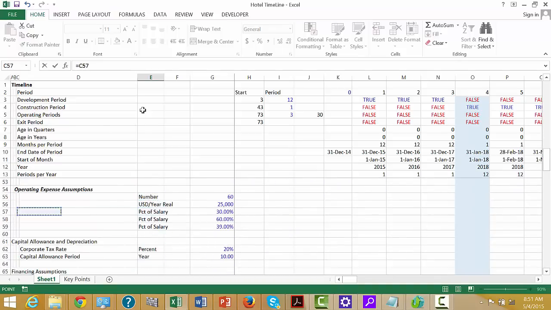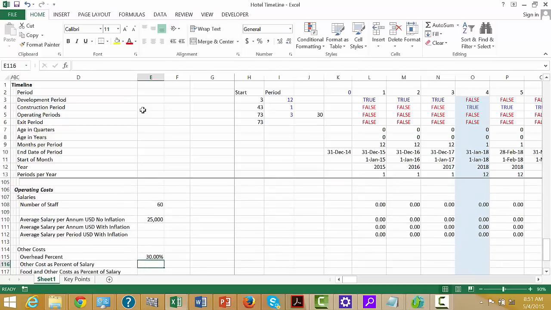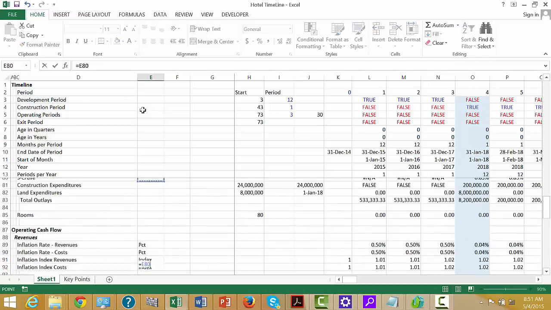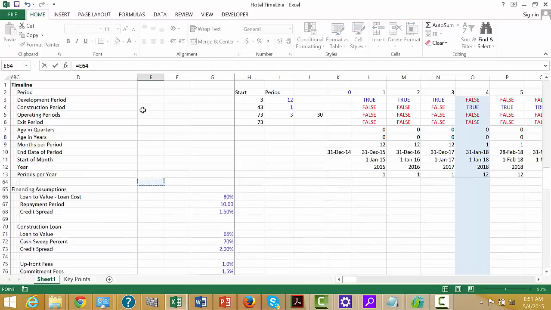overhead costs. What happened to this? Oh shoot. Okay, I don't know what happened to this. Okay, I might have to go and fix that.